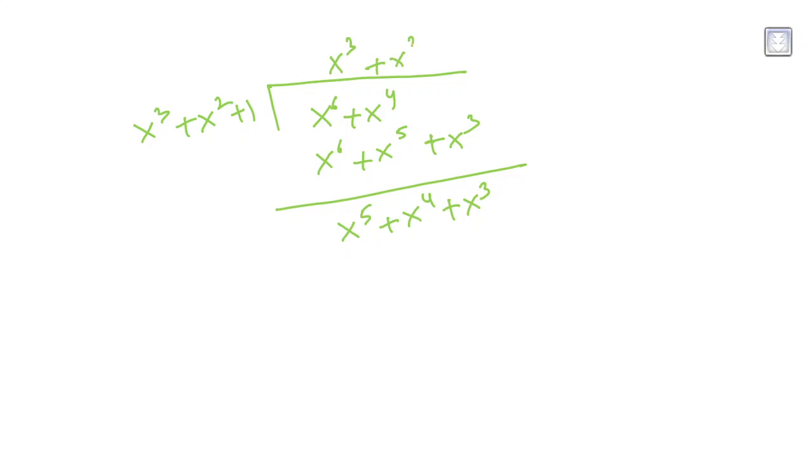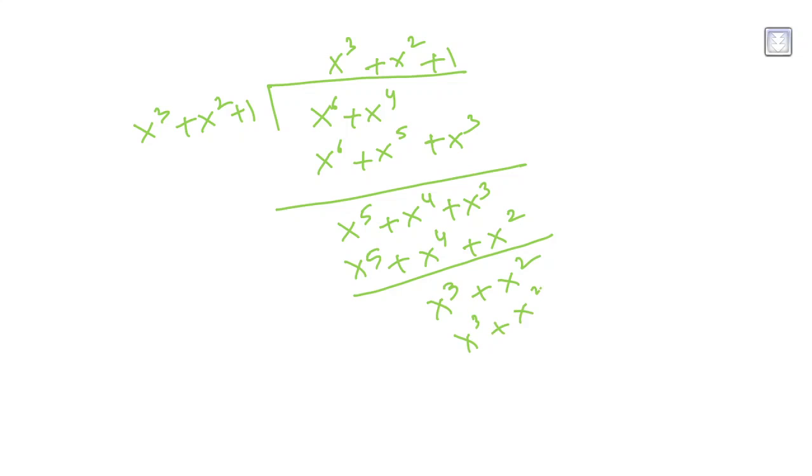Multiplying it with x square, I will be getting x5 plus x4 plus x2. Again, x cube plus x square plus 1, so the remainder is 1. That means p of x is equal to 1.